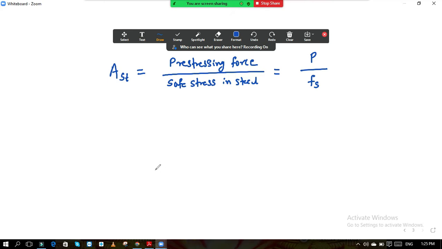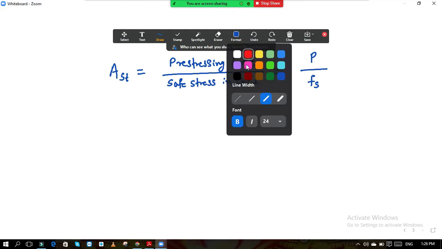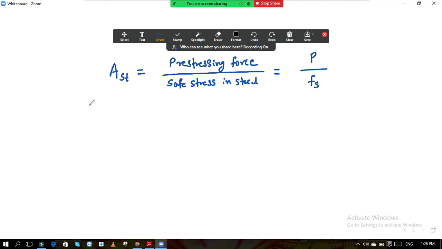So after this, after the calculation of area, our regular steps are there. We will assume suitable bar diameter, and then we will calculate the number of bars, and then number of cables. Okay, so I will write that also here.